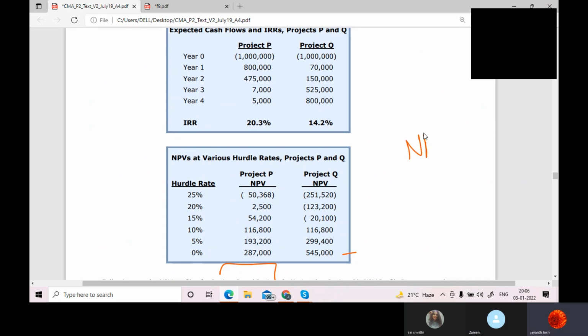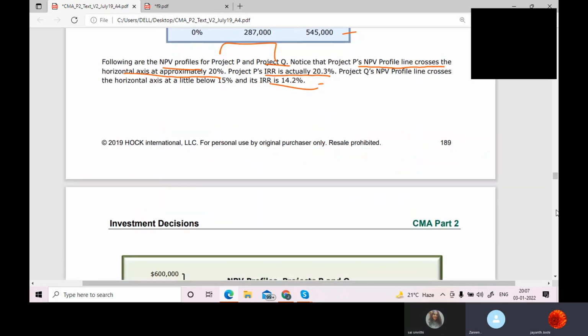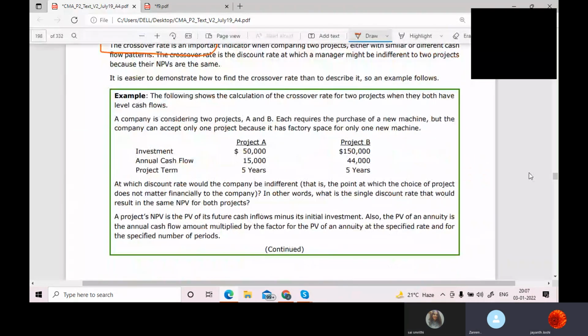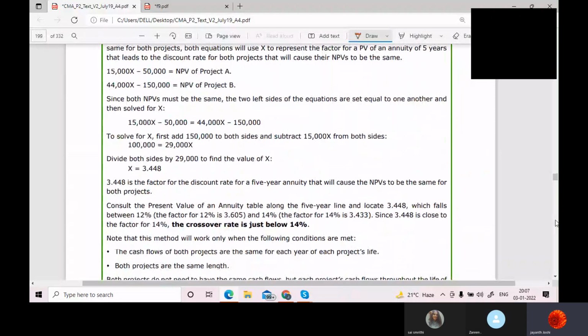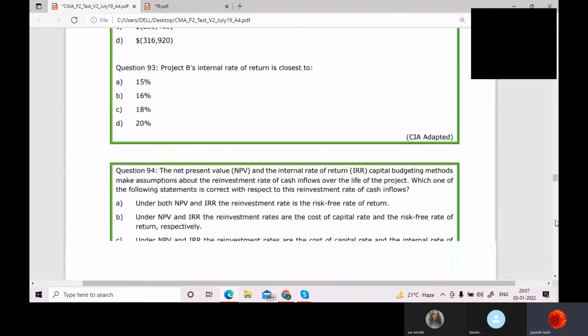NPV. Yes. So please go through this today, and tomorrow we'll do a question on how to find the crossover rate. That kind of question you can expect in the exam. Okay. Sure.